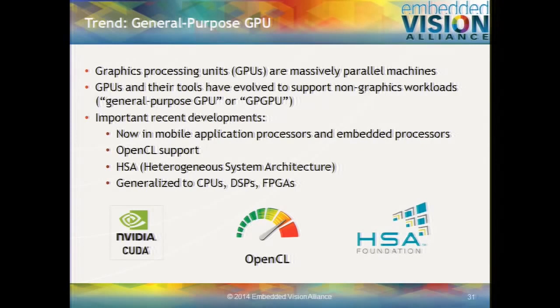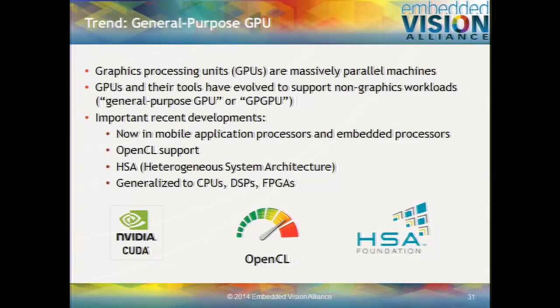General purpose GPU, this is the concept of taking the graphics processing units, which were originally designed, of course, for doing 3D graphics rendering, and using their very powerful parallel architectures to do other things. Now, this idea has been in common use in PCs and servers and supercomputers for at least a decade, but it's just now, and I mean literally right now, starting to be used in things like mobile phones and embedded systems.